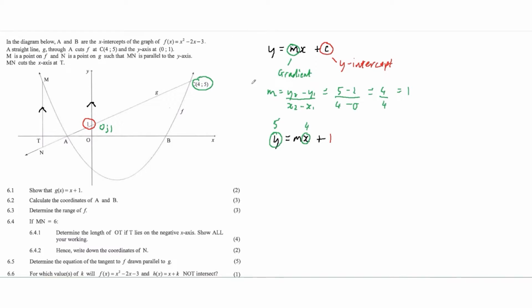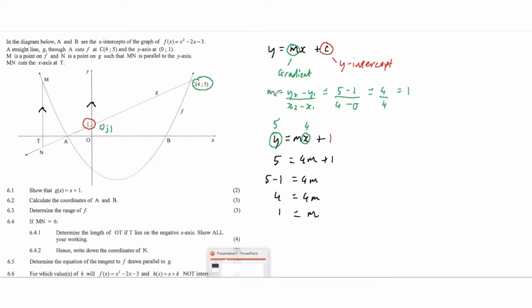So then this will become 5 equals 4m plus 1. Move the 1 over onto that side. 5 minus 1 equals 4m. 4 equals 4m. So 1 will equal m.